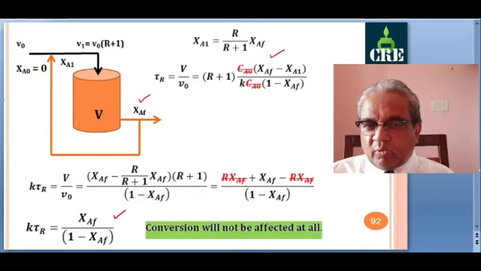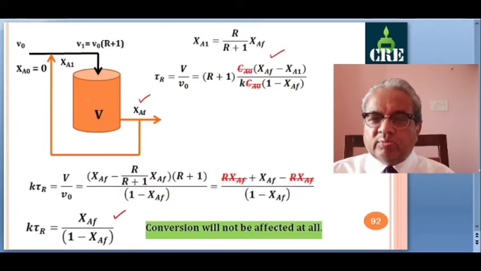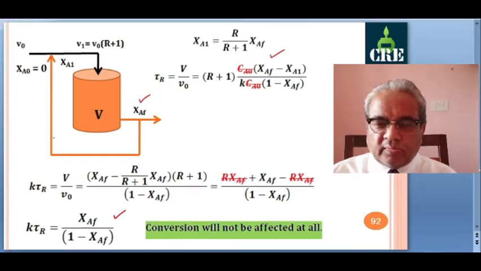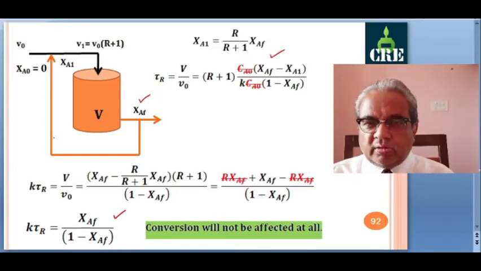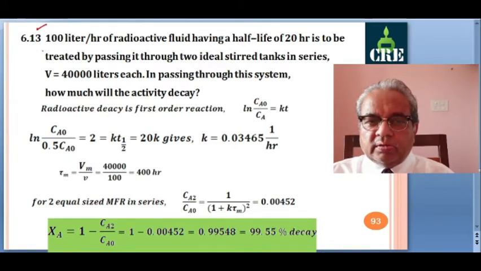Our recycle reactor model was plug flow, and as you go on increasing R, finally it approaches the mixed flow reactor. Here it is already a mixed flow reactor. So this recycle stream will not affect the performance at all, because the character of the flow system is the same, mixed flow only, and the same model is applicable.